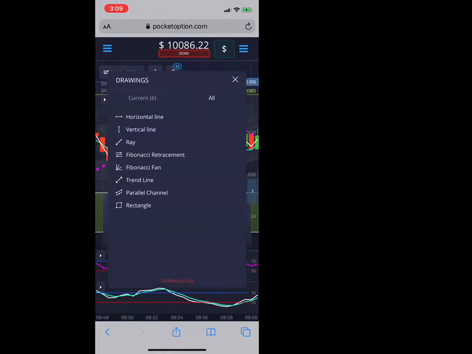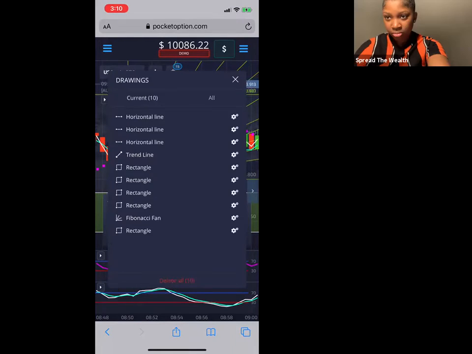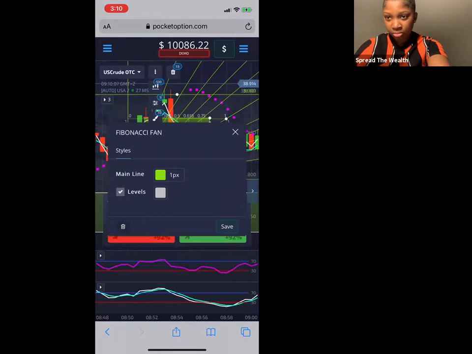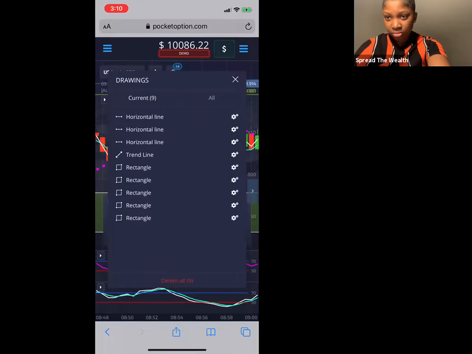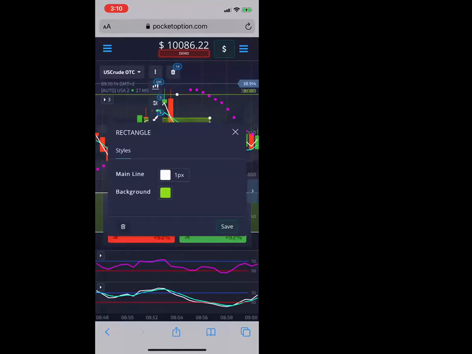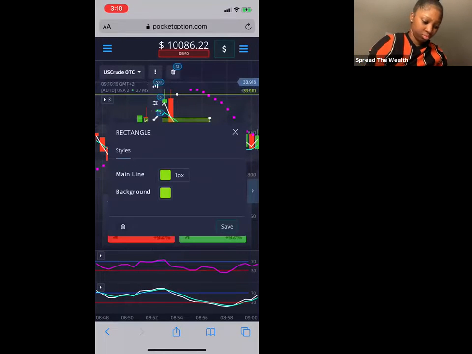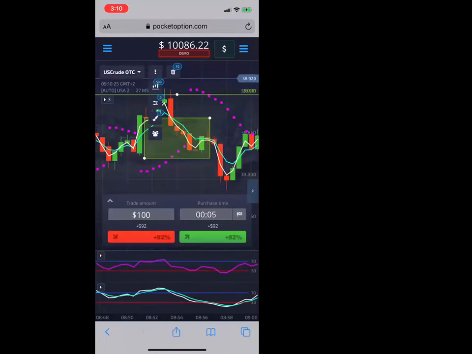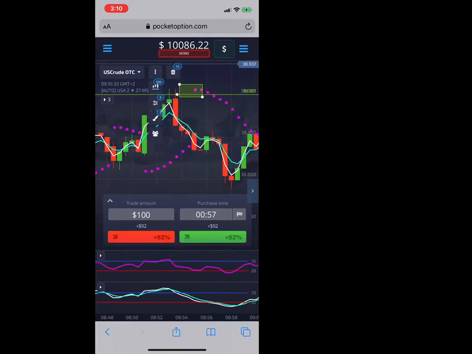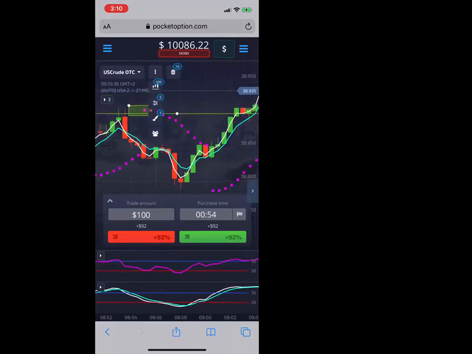So for example, oh snap. See, it's a double parabolic right there.